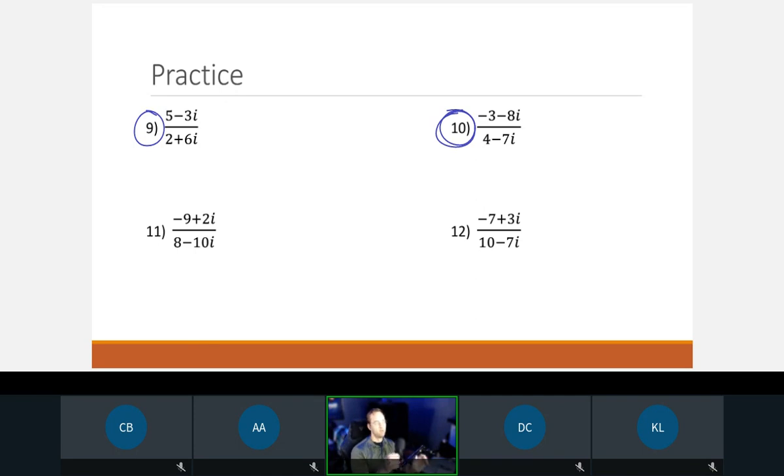They don't want a plus bi all over some common denominator for your answer. They want your a term, whether it's a rational number or an integer, and then plus or minus your b term. Yep, good to know for sure.